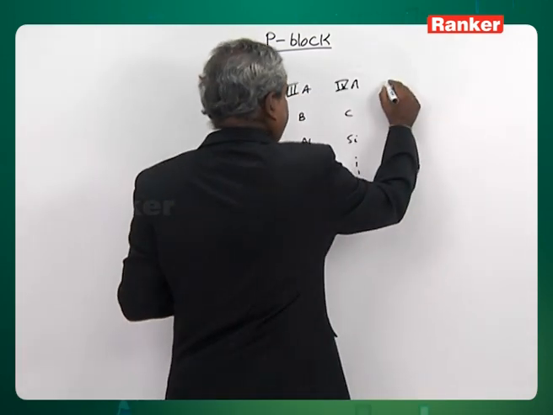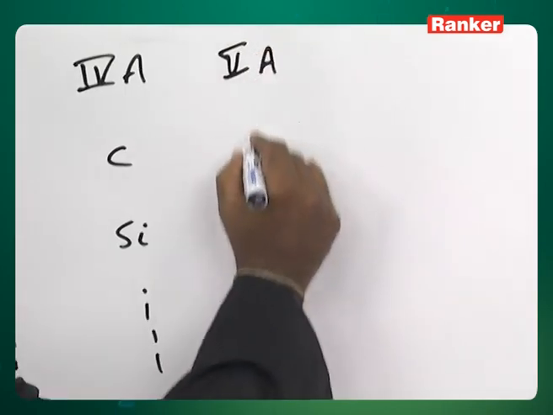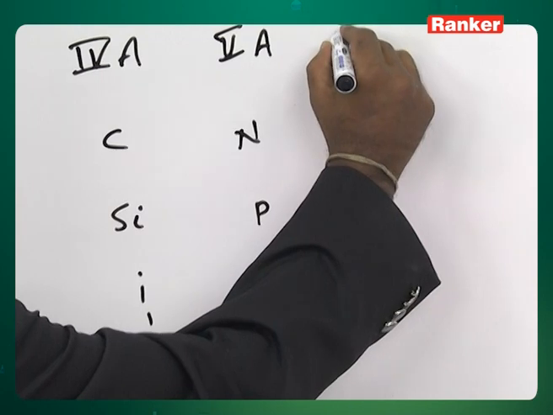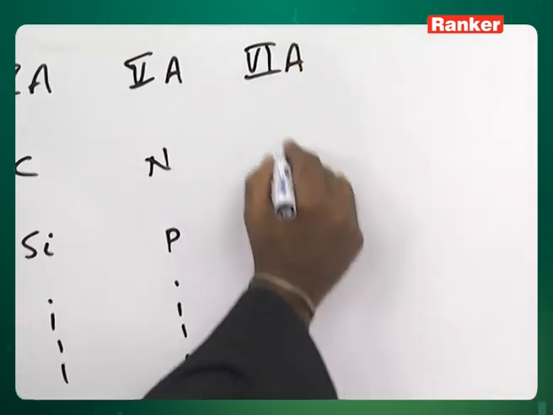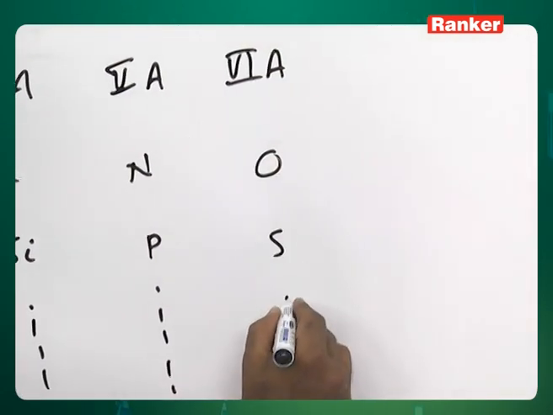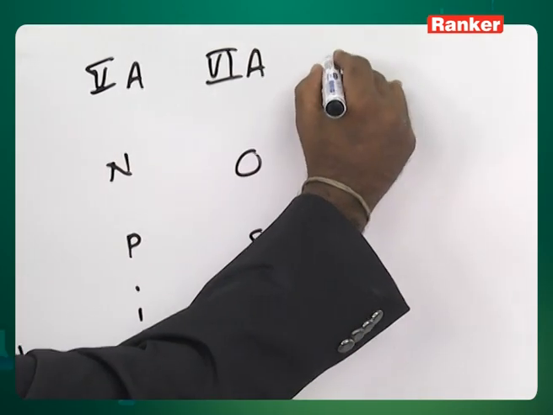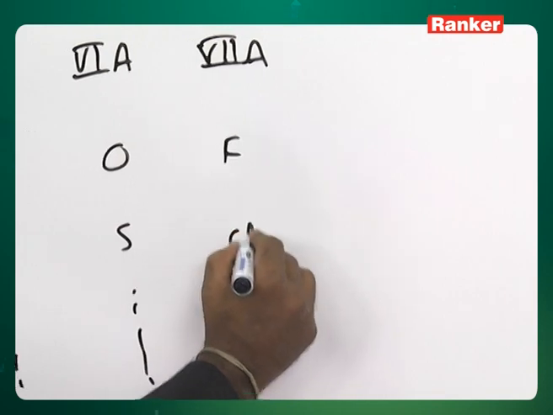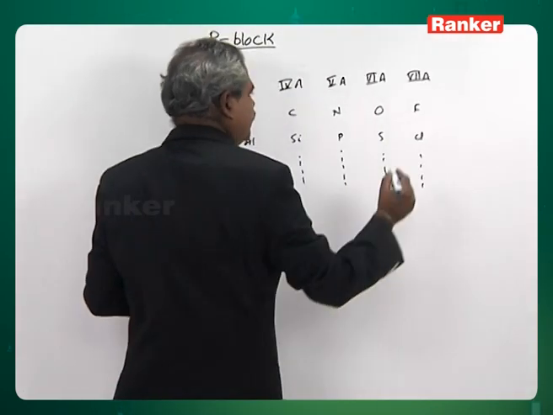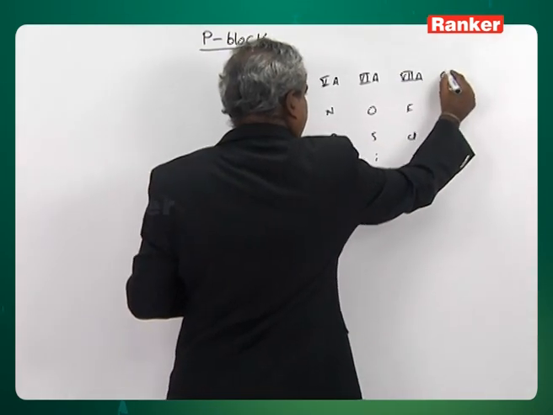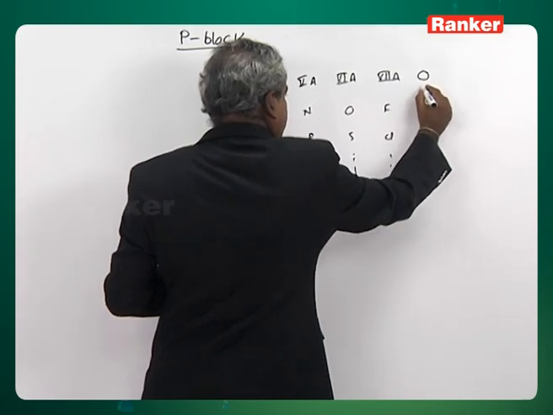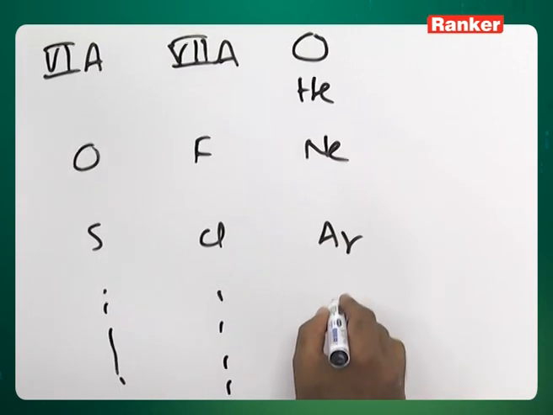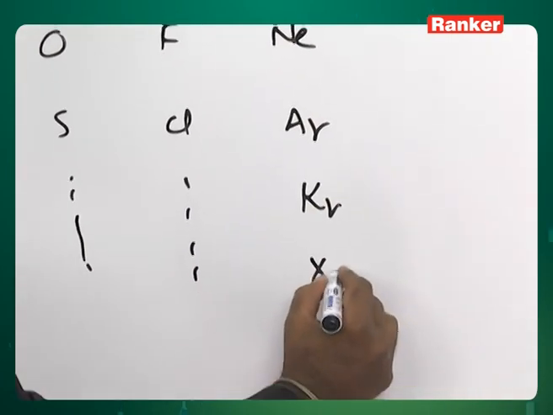Elements of 5A, the nitrogen family, nitrogen, phosphorus, etc. 6A, oxygen, sulfur. 7A, fluorine, chlorine, bromine, iodine. And the 0 group, where we don't have much to study, helium, neon, argon, krypton, xenon, radon.